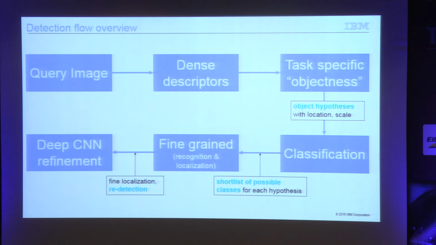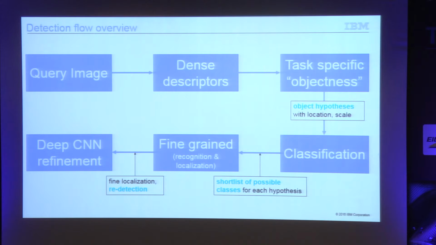So we essentially generate bounding boxes of objects with the location and scale on the query image, regardless of the class. This is task-specific because we are only concerned with those objects that we want to detect. For instance, in the retail domain, we would want to generate hypotheses only for the objects in this set of thousands that we have, and not some generic object proposals that are used in some other methods.